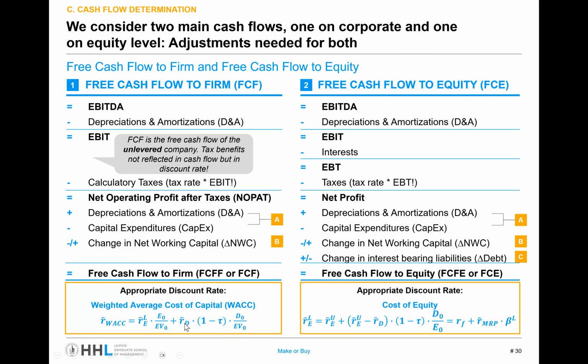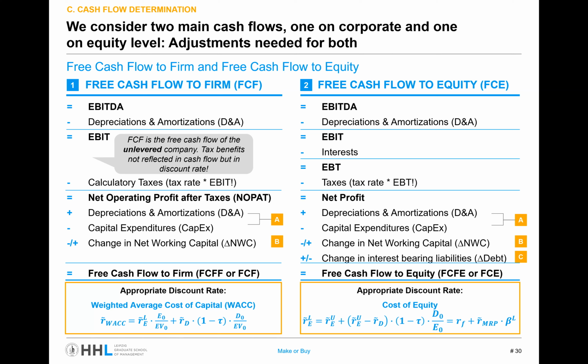So therefore it's 5% times 1 minus 30%. So in total, the net cost of debt is just 3.5%. That's the reason why we have that 1 minus tau here. Tau is the corporate tax rate. A good estimate for Germany is basically 30%. Okay, and then you basically have an idea about cash flows.